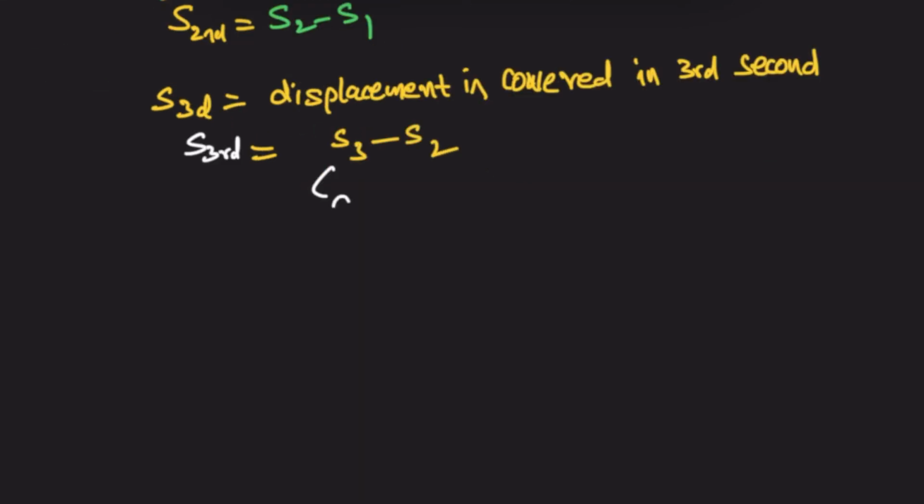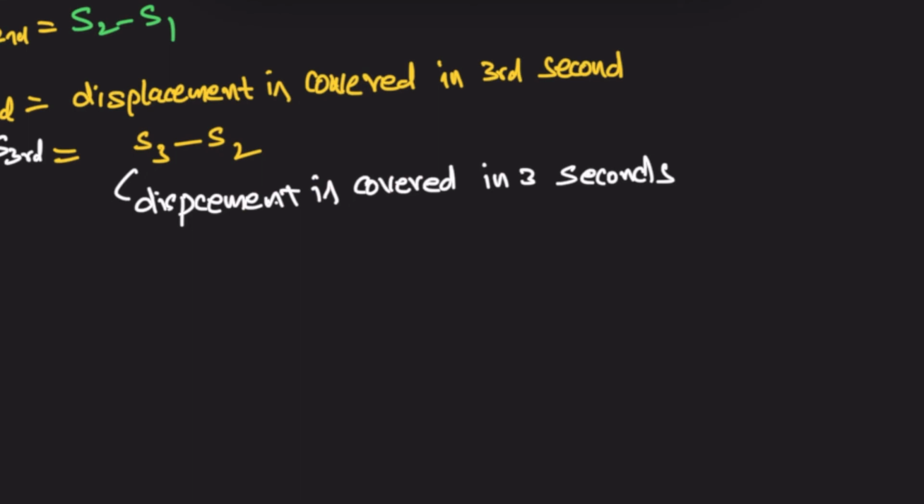S3 means displacement covered in 3 seconds minus S2, displacement covered in 2 seconds. So displacement covered in 3 seconds means S3, displacement covered in 2 seconds means S2.